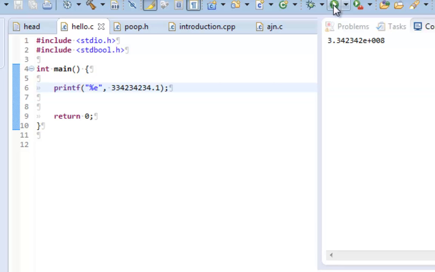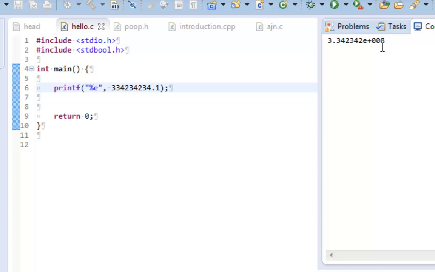And in exponential format, I should have done this in the beginning. As you can see here, it's saying that this is about 3.3 times 10 to the 8th. So we have to move the decimal place over a few places. But that can be a way to print out a very big number. As you can see in just this one statement, we can represent a very big number because it could go up to 999.